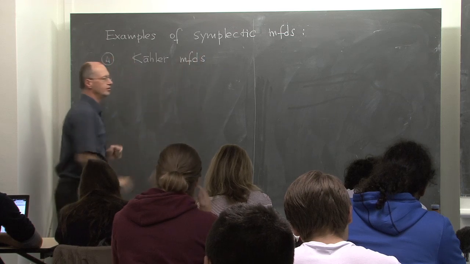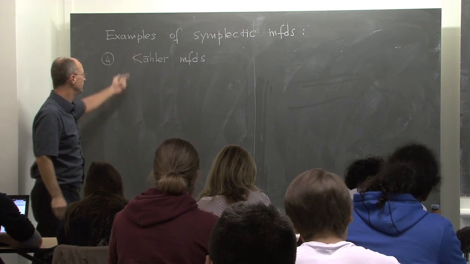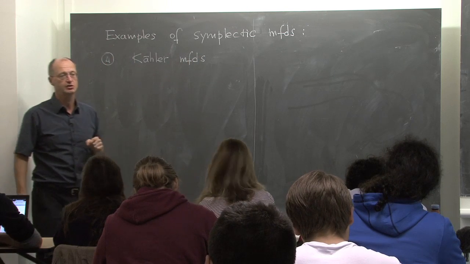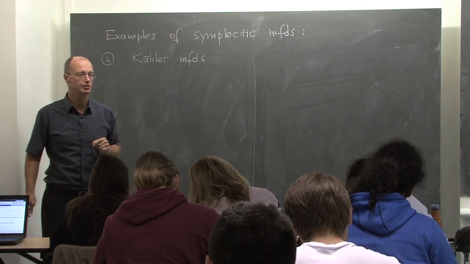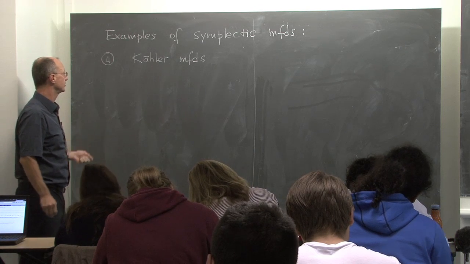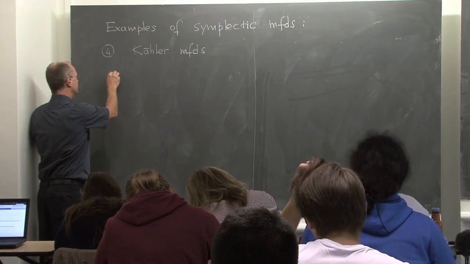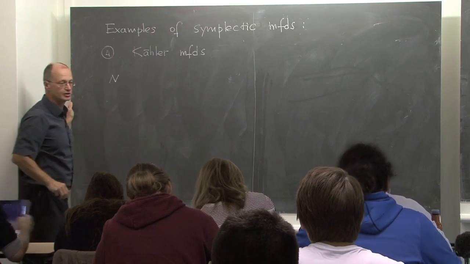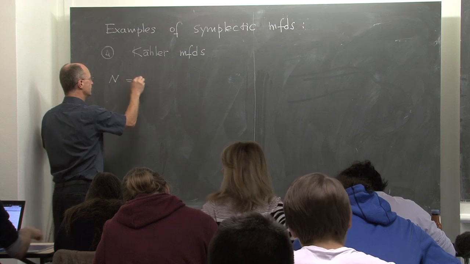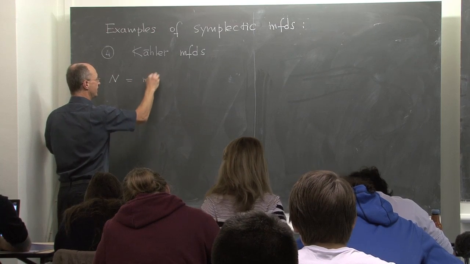So I think probably many of you, maybe all of you, already heard about them. This is an interaction between symplectic and complex geometry, and they go under the name of Kähler manifolds. So let me start with the following consideration. Let's say N is now a complex manifold.